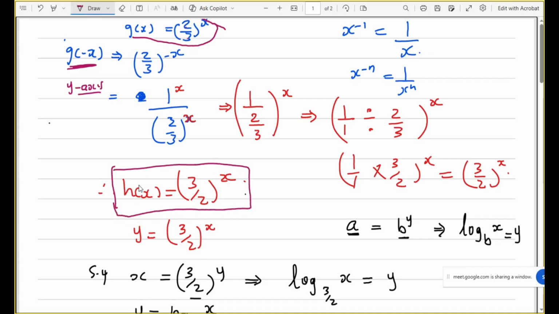How did we get that? Because if it reflects around the y-axis, where there's x, we put negative x. Then we solve, and this is what we get. This is my h of x. You understand now? Yes, sir. So when they want the inverse, we work on that function. Are you happy with that?